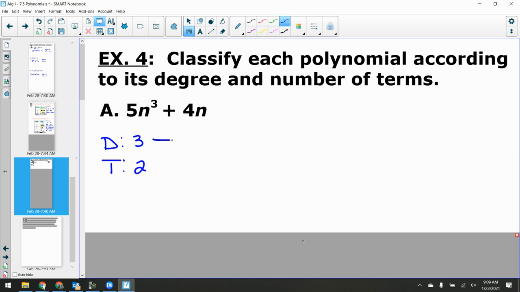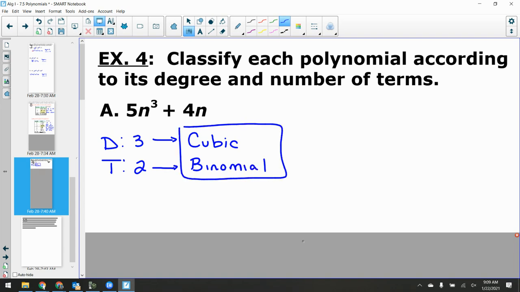Okay, so degree of 3, what is that? Cubic. 2 terms, what's that? Binomial. So we would call it a cubic binomial.